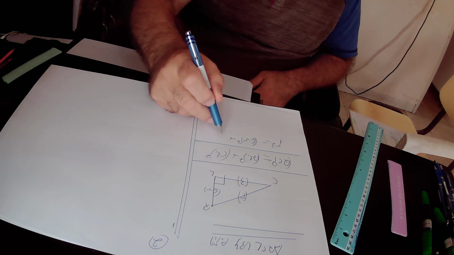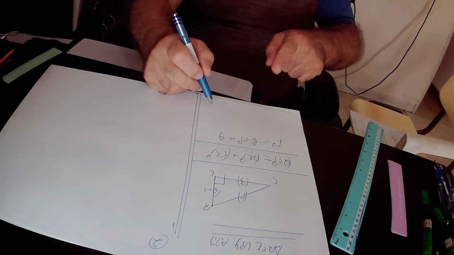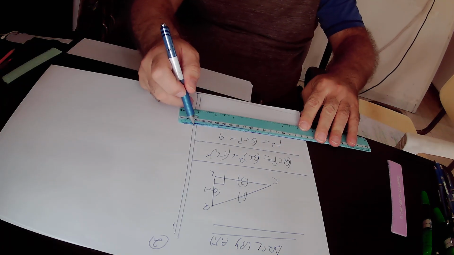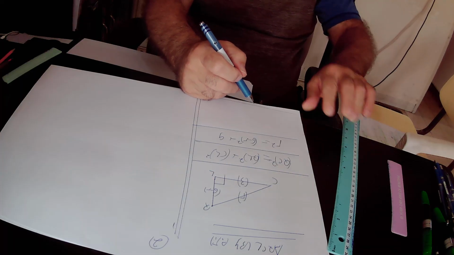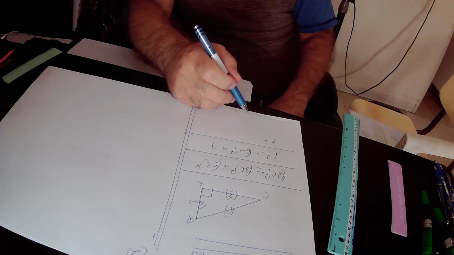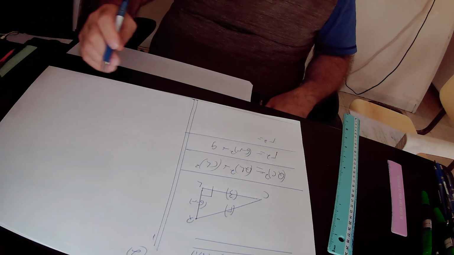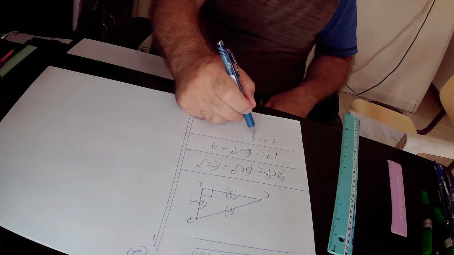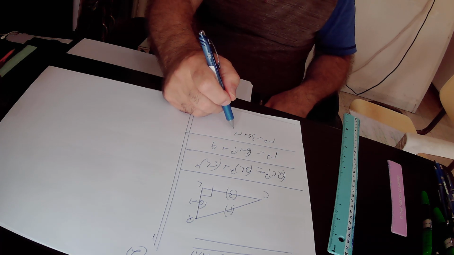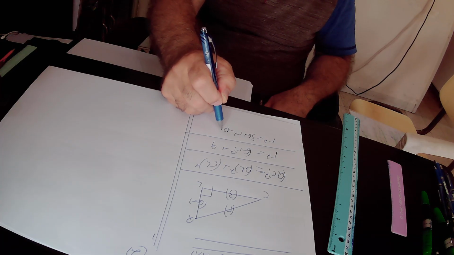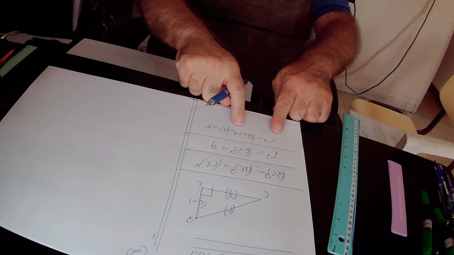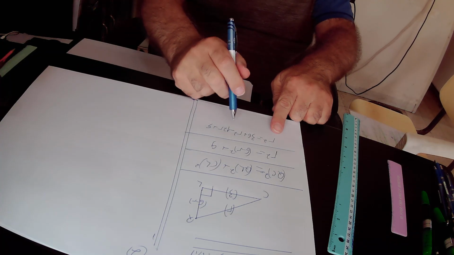So in total, we have found that R squared equals (6 minus R) squared plus 9. (6 minus R) squared equals 6 squared, that is 36, plus R squared, minus 2 times 6 times R, that is minus 12R, plus 9. Here we have R squared on both sides of this equation, so R squared cancels.